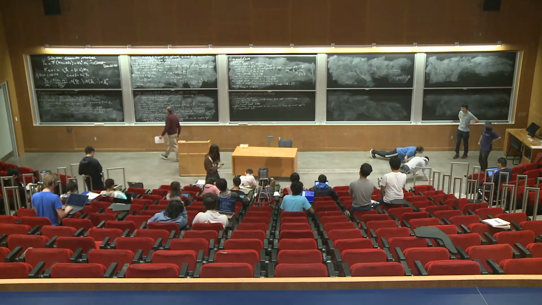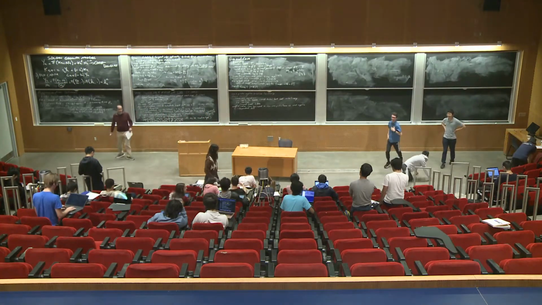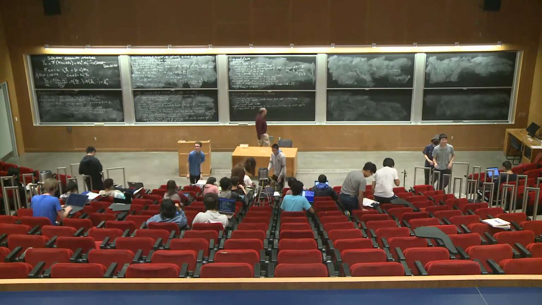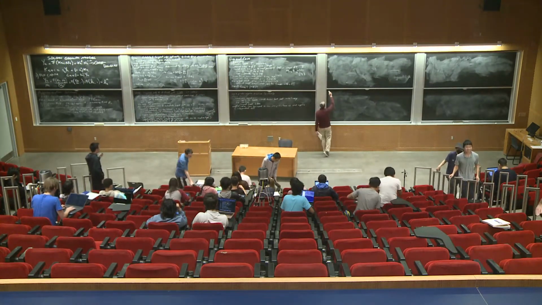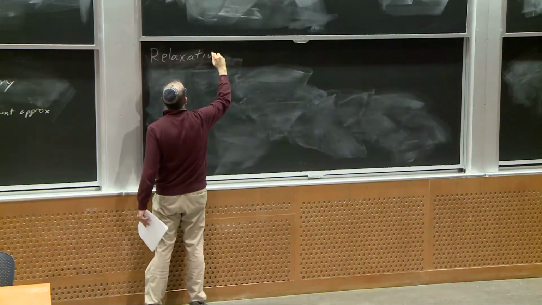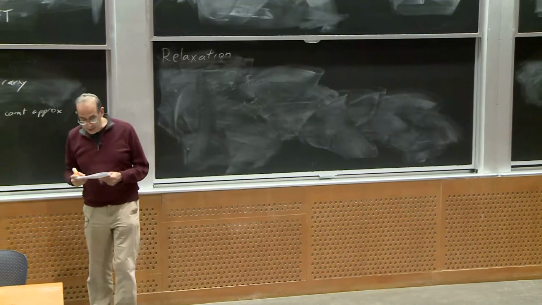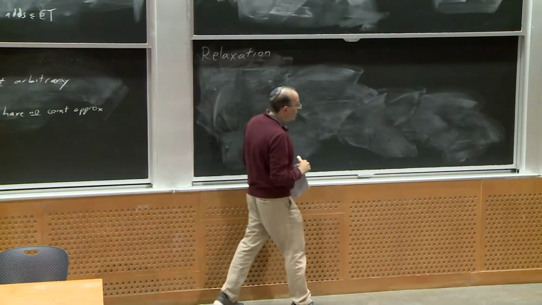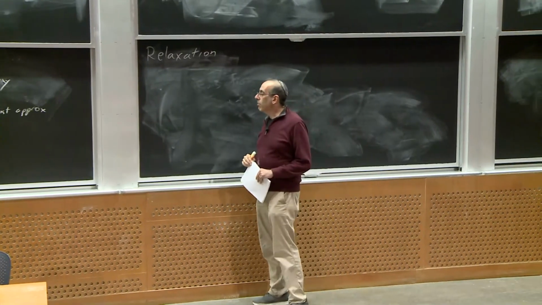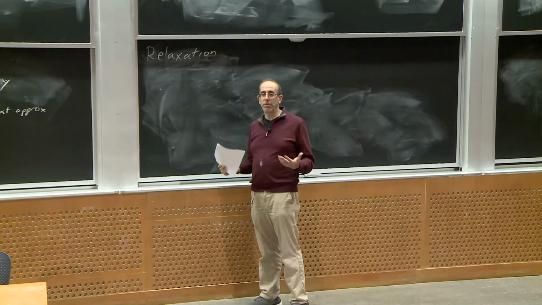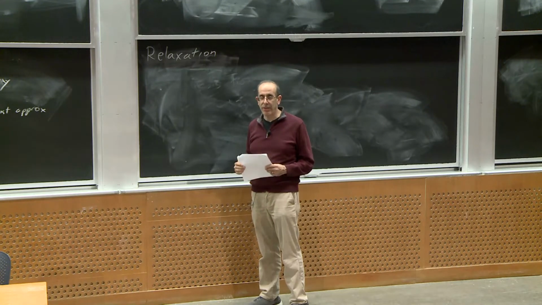All right, let's get started on our relaxation exercises. So we are now going to study the next important technique in approximation algorithms, known as relaxation. Very important for MIT students to study this. The idea here is that so far we've been faced with a problem that comes with certain constraints that we have to satisfy.